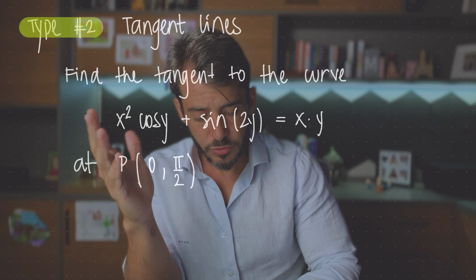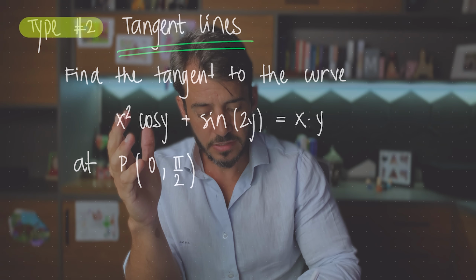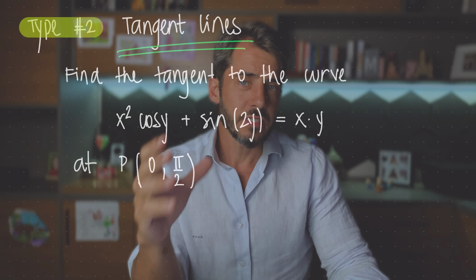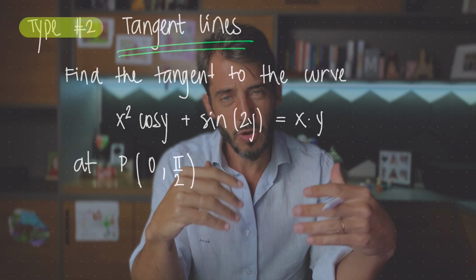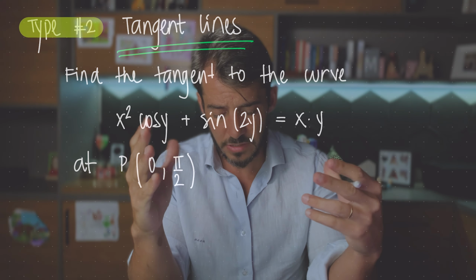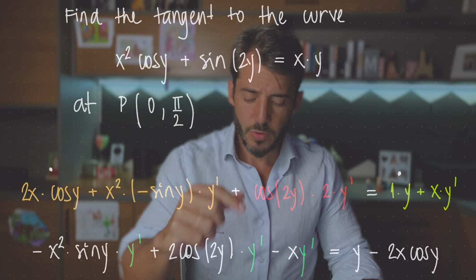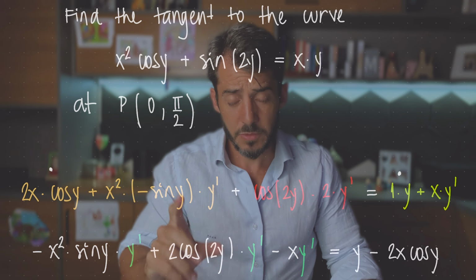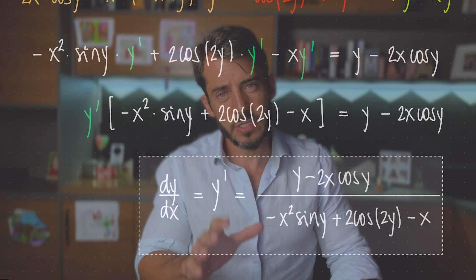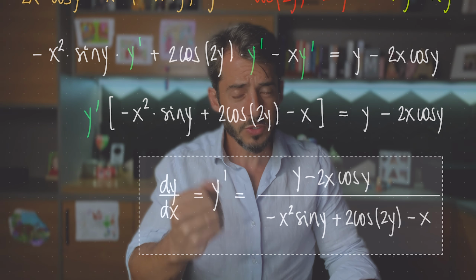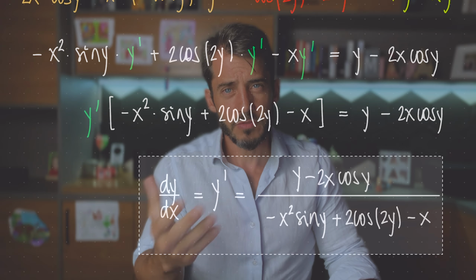Now the good news when addressing exercises that involve tangent lines is that you don't need to carry out the differentiation process all the way to the last step. For example, in the previous example, which involved the same equation, we went through all of these steps in order to get dy dx, which ultimately will give us the slope of the tangent line.